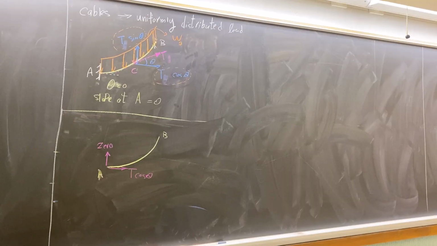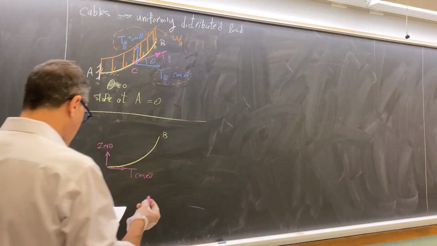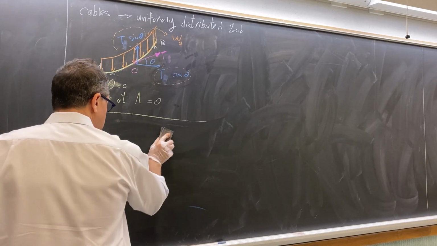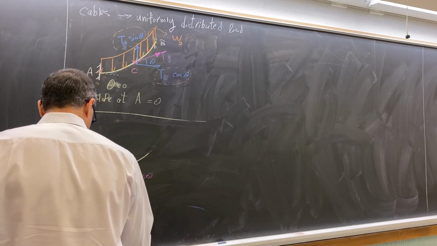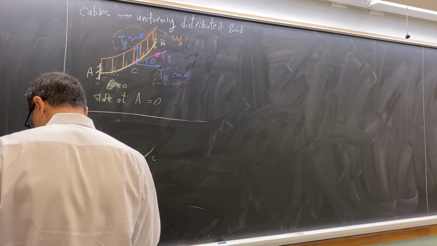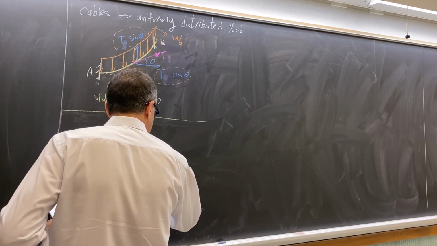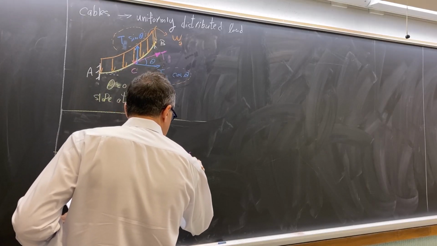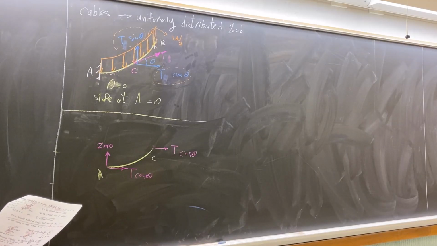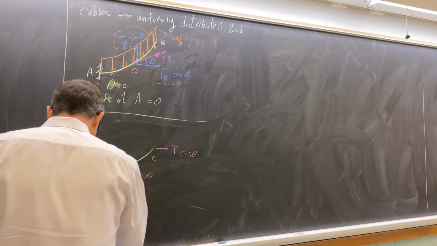Now, when it comes to point C, I'm just drawing for point C. So this is A, this is C. At point C, we have again T times cosine theta, the constant horizontal component.